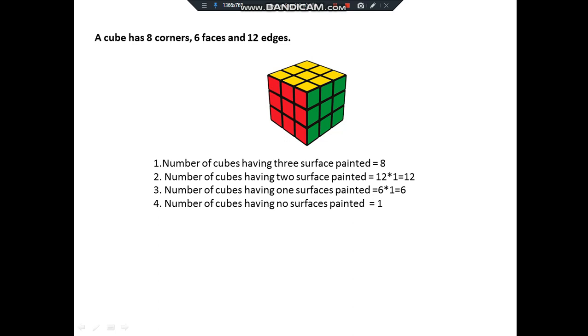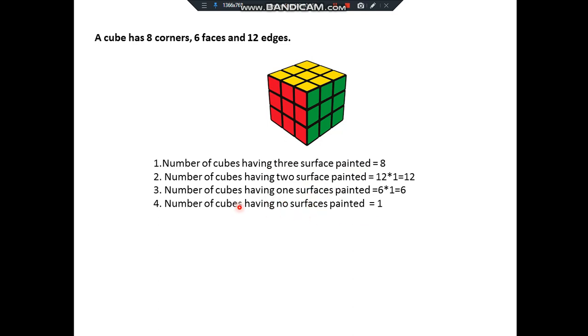Do practice so that you easily understand the concept. Here we have opposite surfaces painted the same color: red, yellow and green, totally 6 faces, 2 red, 2 yellow and 2 green. Now the question will be like, find the number of cubes having 3 surfaces painted, 2 surfaces painted, 1 and no surface painted.